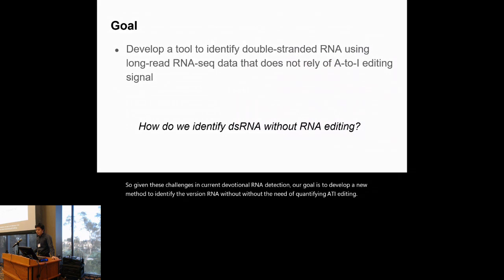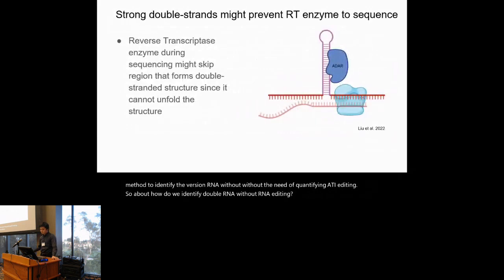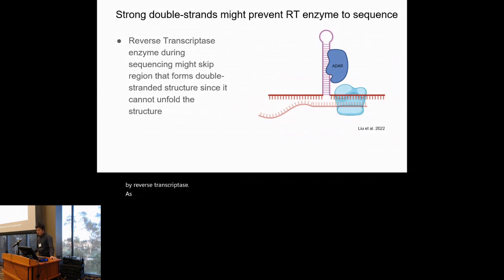But how do we identify double-stranded RNA without RNA editing? Previous studies have reported that strong double-stranded regions of RNA might get skipped by reverse transcriptase, as it cannot unfold the strong double-stranded structure of RNA.